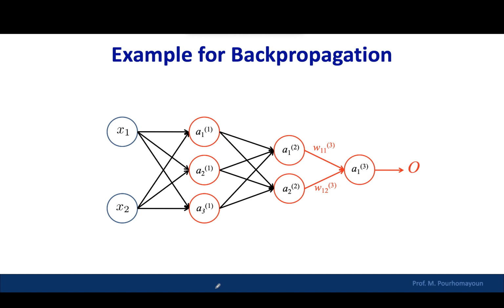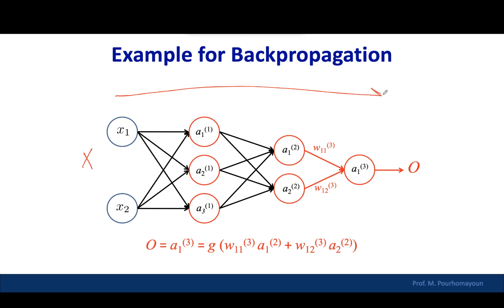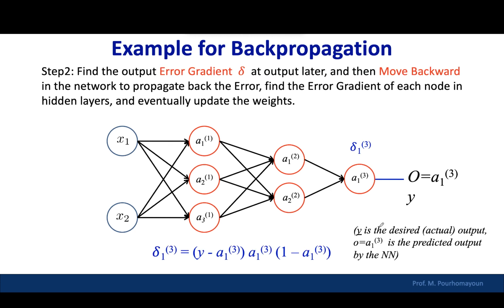Okay, so this is called forward propagation. So I had the input data X, I forward propagated that data into the network and created an output O. Okay, step 2, I find the gradient error.